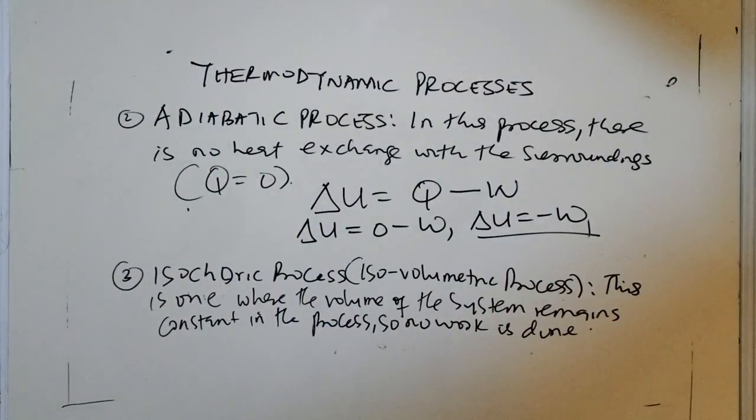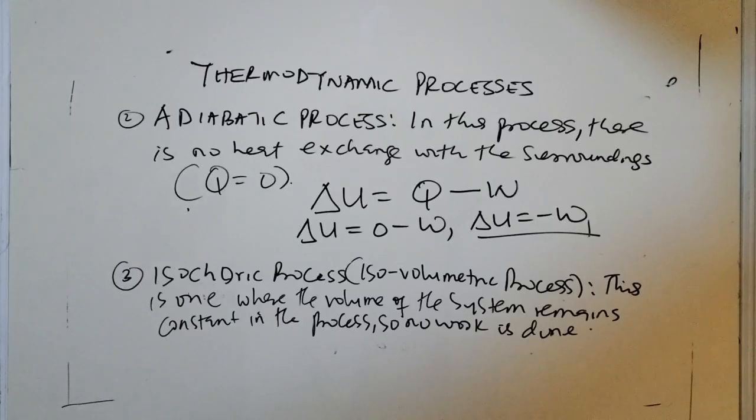So we go to the next process called the isochoric process, which is also known as the isovolumetric process. So isovolumetric, that is the same volume, constant volume. This is one where the volume of the system remains constant in the process.